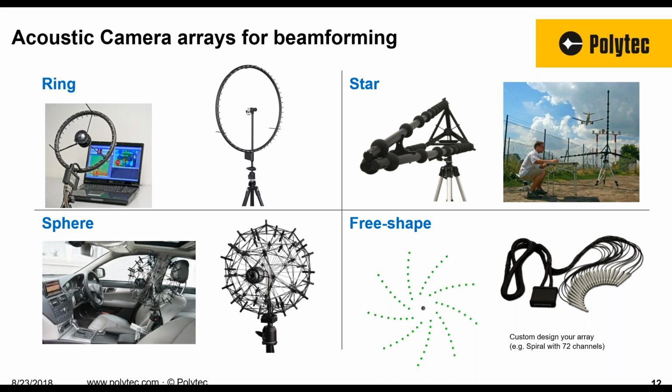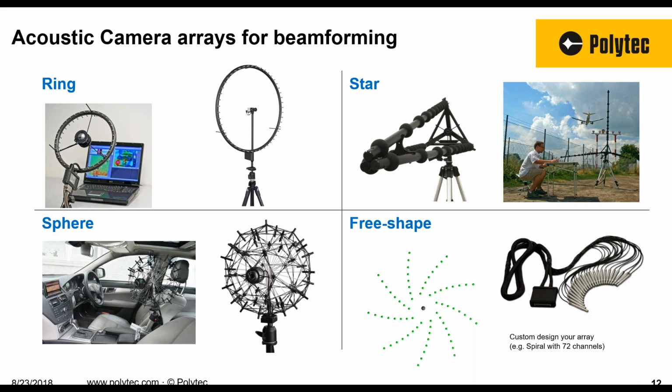You'll see in the next coming slides what I mean by the side lobe patterns, but each array geometry will give a different side lobe pattern. And over the years, like I said, the ring has proved to be the most useful in pointing out these.